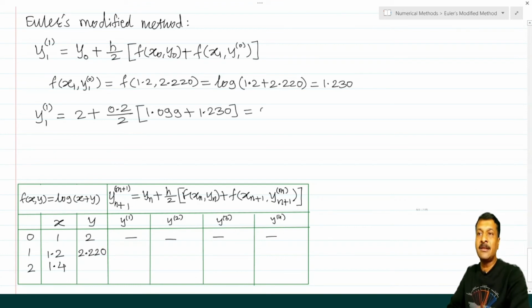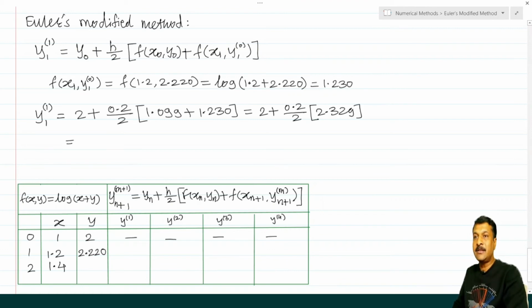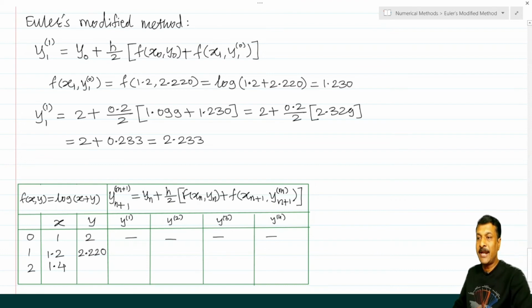So directly also you can write in exam, but here I will solve stepwise. So 0.2 by 2 in bracket I am getting 2.329, and that is equal to 2 plus 0.233, and that is equal to 2.233. So I will write this value here, 2.233.